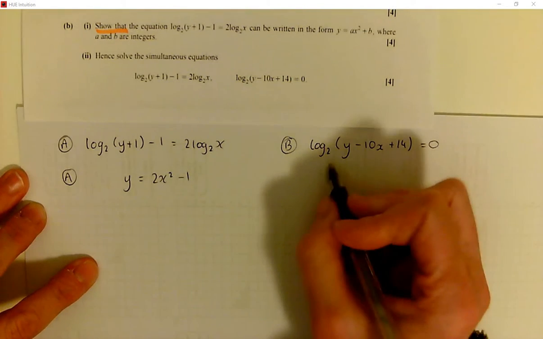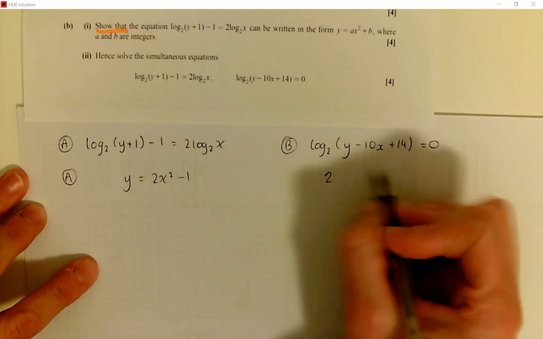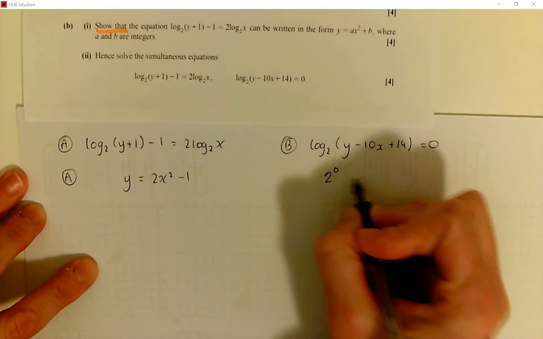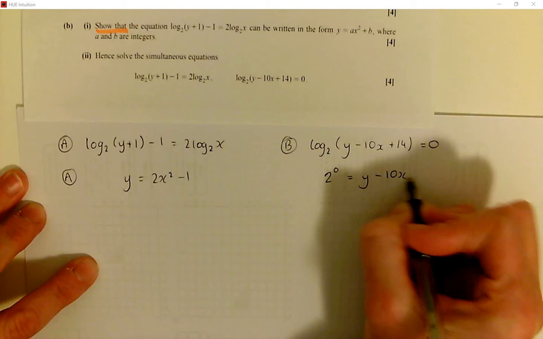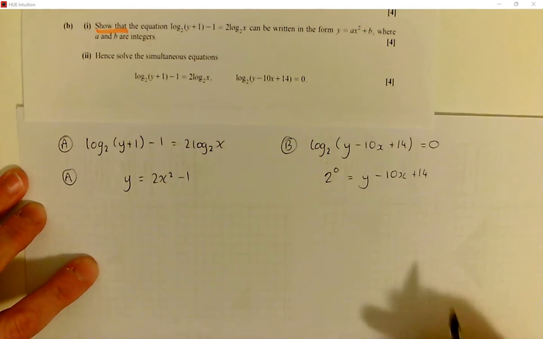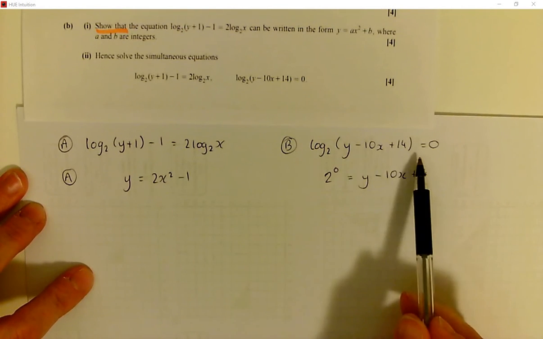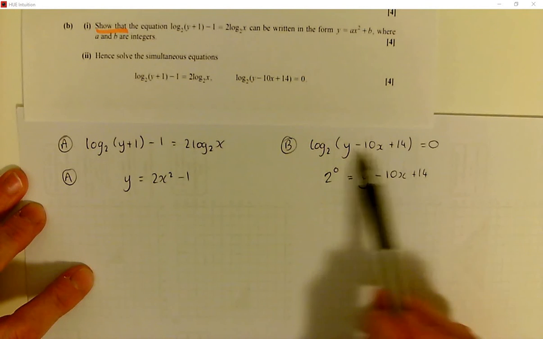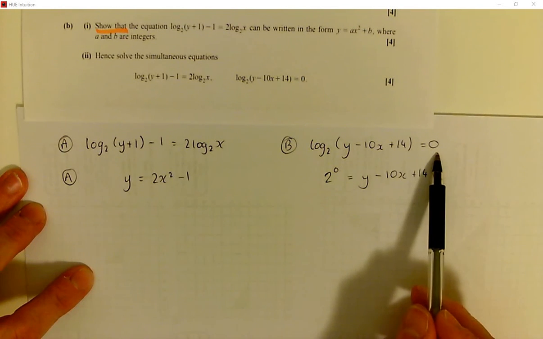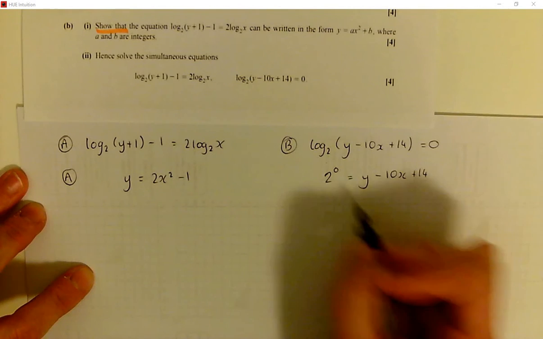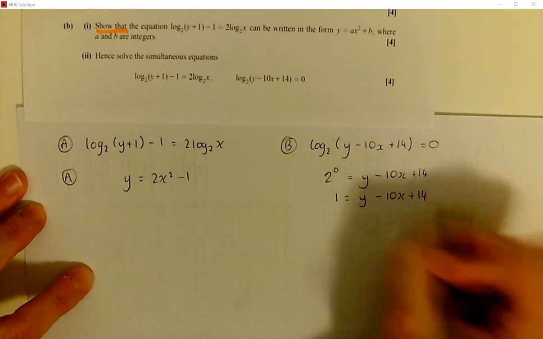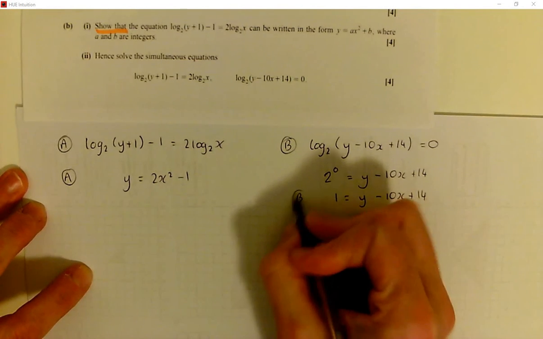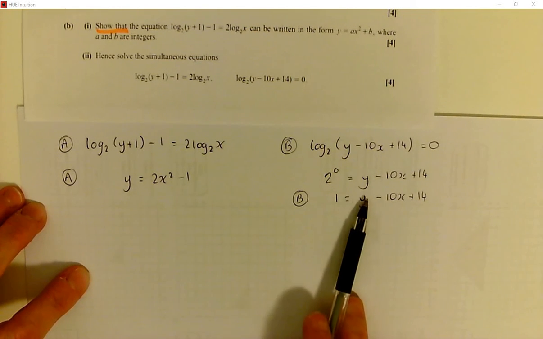So if we're using base answer power, the power is 0 and the answer is 1. That's just converting it to a power, or you can remember that this has to be 1 to get an answer of 0. So 2 to the 0 is 1.